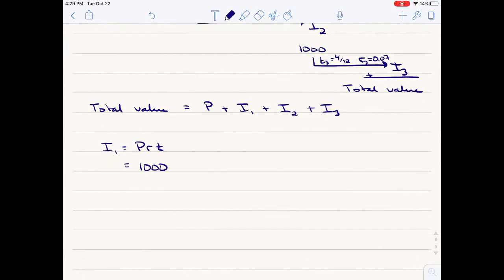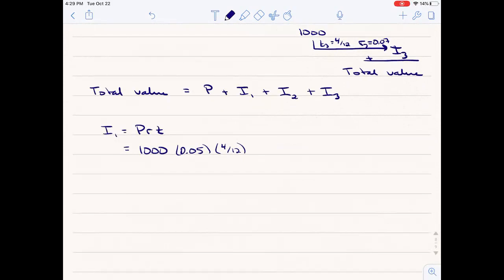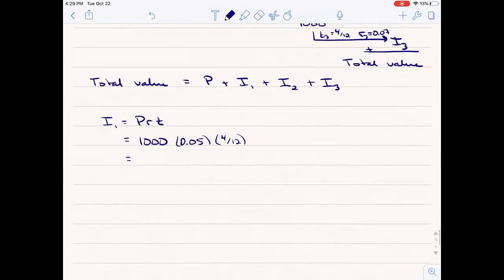And so only the rate is changing: 0.05 times time, which is 4 over 12. So I get 0.05 times 4 divided by 12. And I'm just going to multiply by 1,000 right away to get $16.666 repeating. So in money, $16.67.